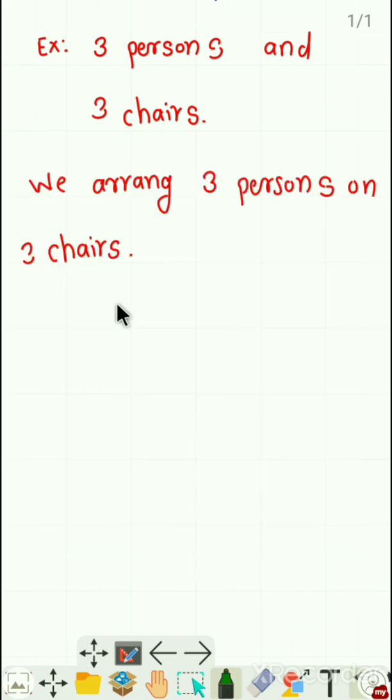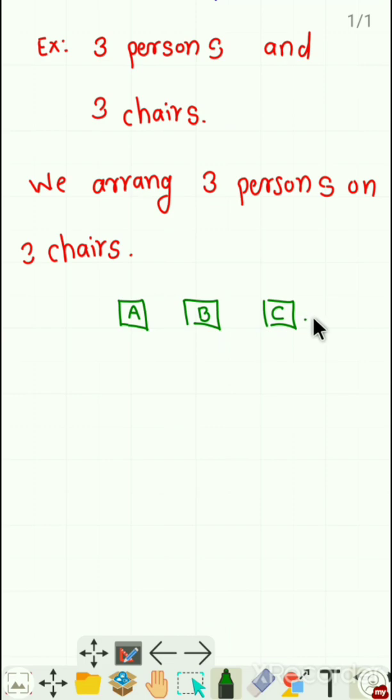Suppose these are the three chairs: first chair, second chair, and this is our third chair. In the first case, suppose I arrange first person A here, second person B here, and third person C here.